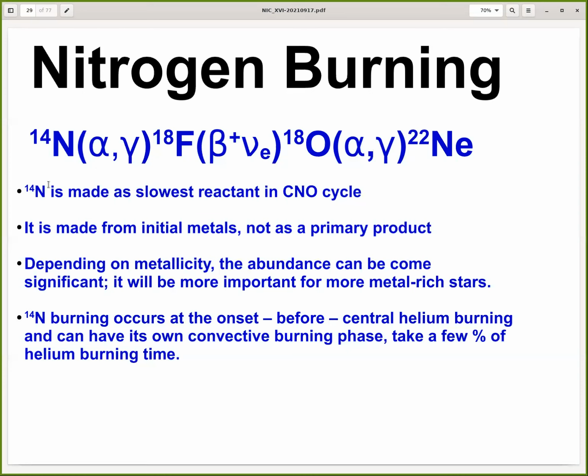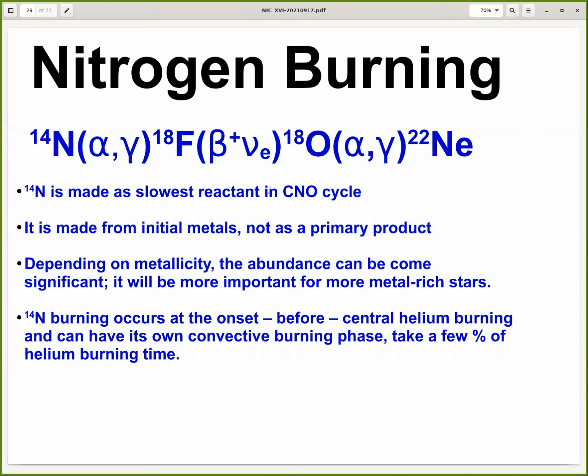You remember that nitrogen-14 was made as the slowest reactant in the CNO cycle, but at the onset of helium burning, it actually starts burning before much of the helium is burning. You have a capture of an alpha particle on nitrogen-14, making fluorine-18, that radioactively decays, making oxygen-18, which can capture another alpha particle, making neon-22. So all of this nitrogen-14 was not present initially in the star, but was made in the CNO cycle.